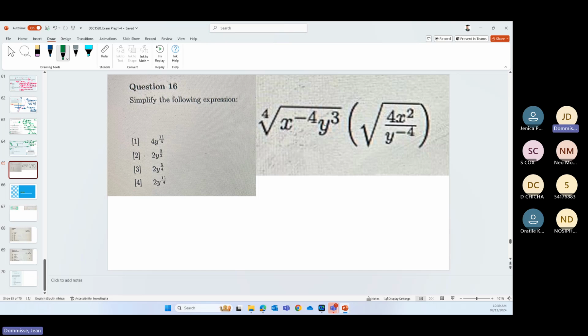They can sneak in a question like this. Let's just rewrite it a bit better so that we all can see it. So they want you to simplify this expression.